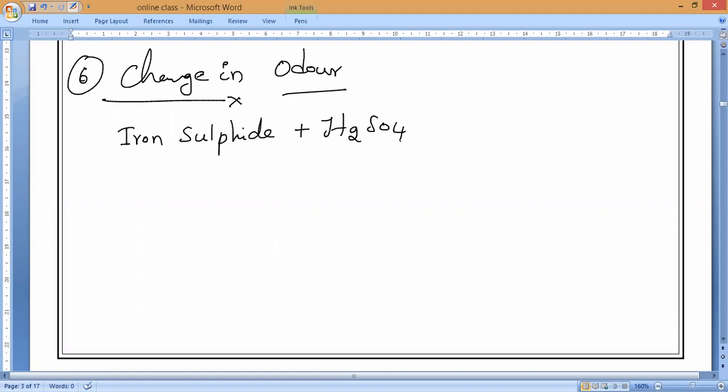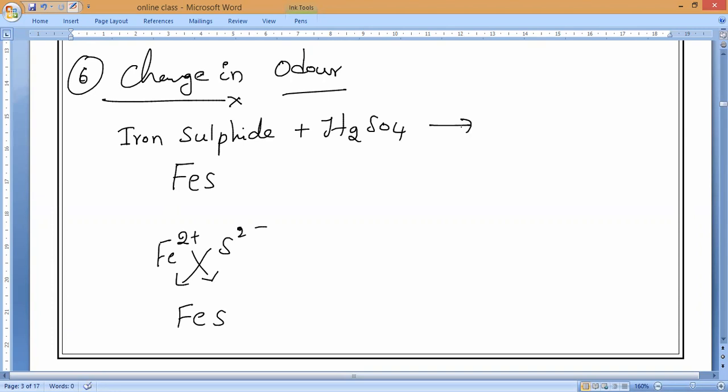Can anyone tell me the iron sulfide formula? Hydrogen sulfide? Iron sulfide is FeS, because Fe2+ and S2-, so if you exchange, FeS comes. FeS plus sulfuric acid, then we get products.